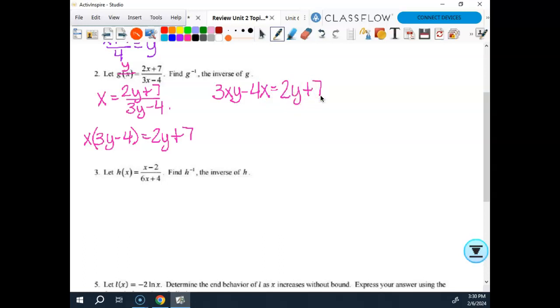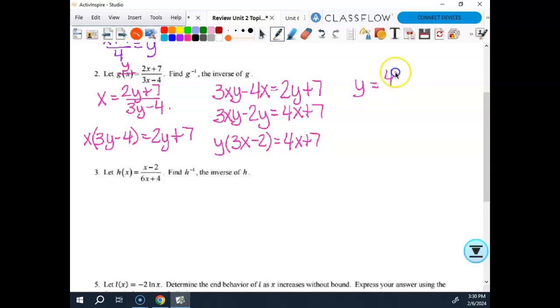Then I get all my y terms on the left-hand side: 3xy minus 2y equals 4x plus 7, or 7 plus 4x is fine. Factor out a y, and this gives me y times (3x minus 2) equals 4x plus 7. Then I divide, so y equals (4x plus 7) over (3x minus 2), which means that g inverse of x equals (4x plus 7) over (3x minus 2).